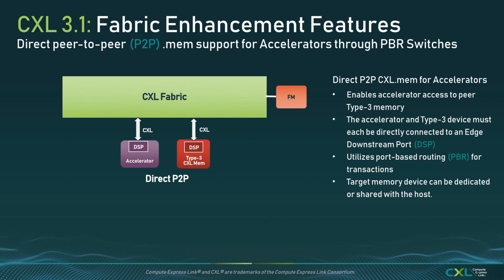Yeah, and I think in the use models you were showing, Mahesh, it did show the Type 1 device as being able to initiate .mem to a peer device. So in that context, if the device is a Type 1 device, meaning it can initiate .cache requests to the host, but it may not expose memory to the host, it can still initiate peer-to-peer .mem to the peer Type 3 device.